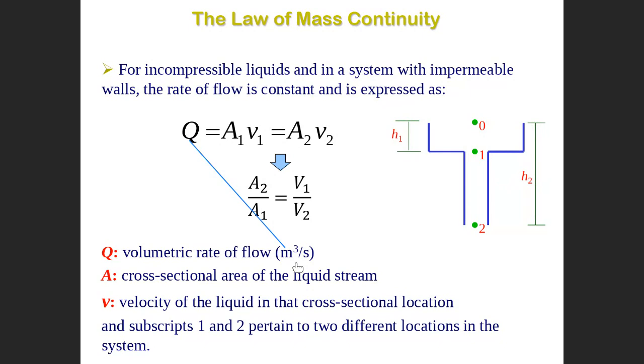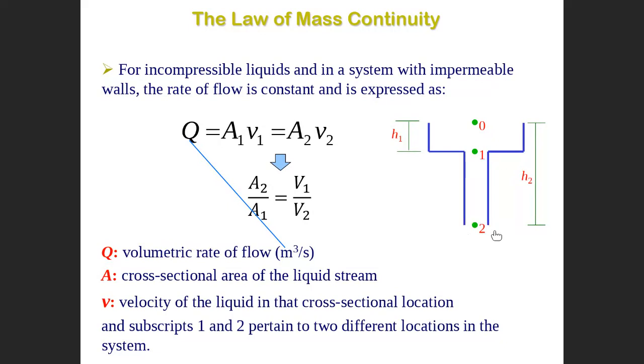Q is the volume flow rate, or volumetric rate of flow, in cubic meters per second, equal to AV: A1 V1 equals A2 V2 equals constant at any level. You can apply it at any level. It means A1 V1, the area here multiplied by the velocity here, equals A2 V2, the area here multiplied by the velocity here.